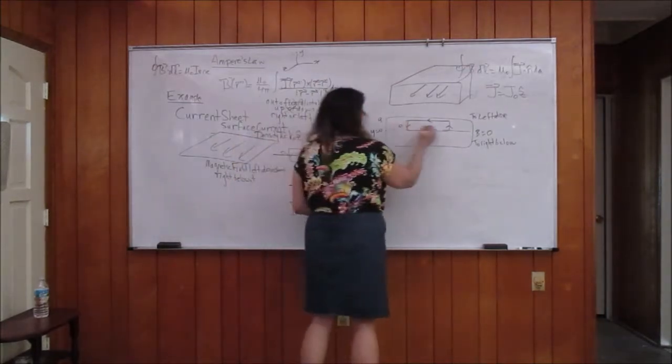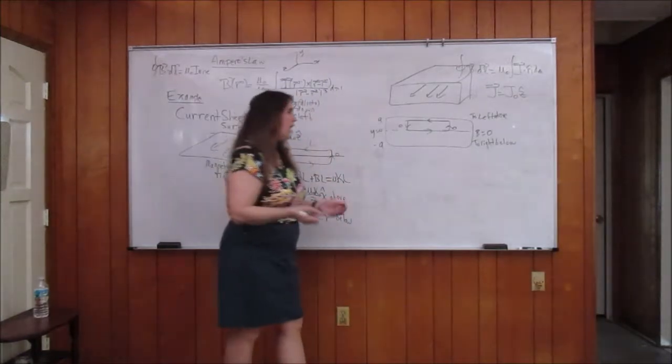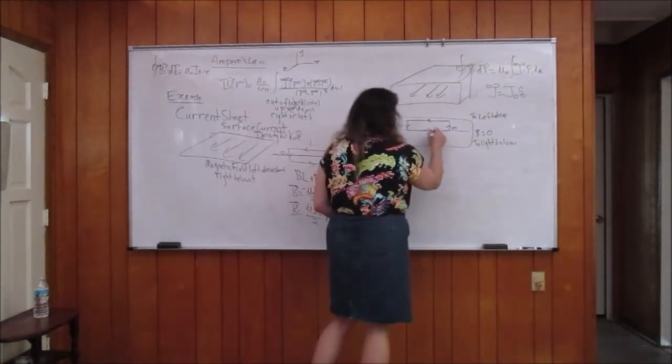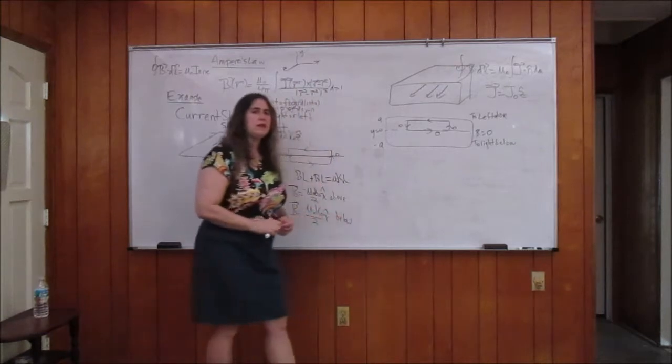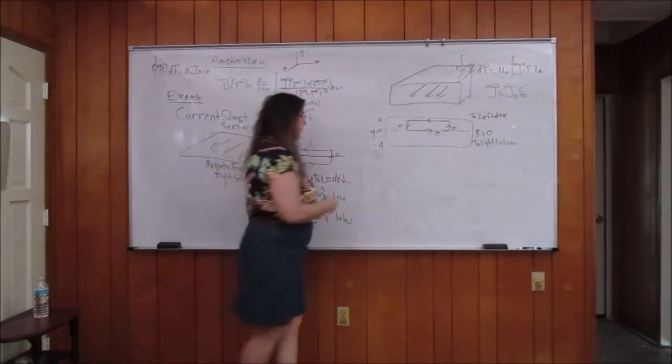The bottom part of this loop contributes nothing. Why? Because it lies along the midplane, and as we have just reasoned, the magnetic field is 0 there. So we just get a contribution from this upper part.